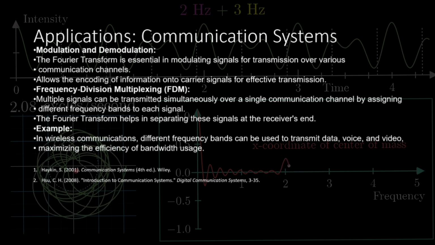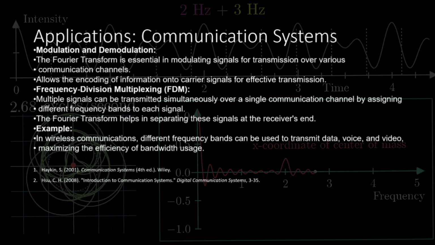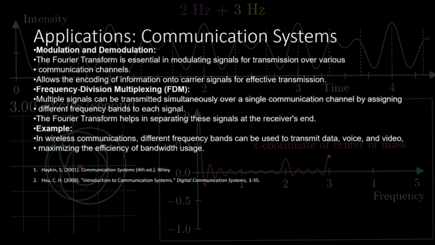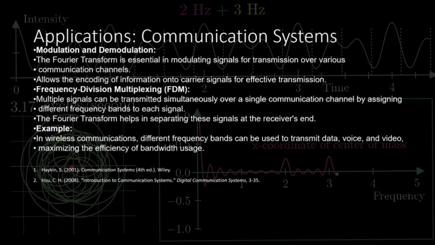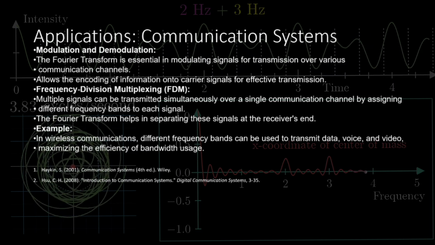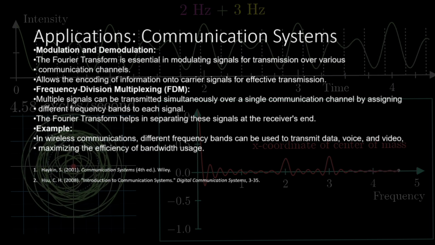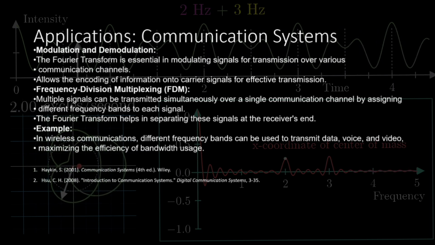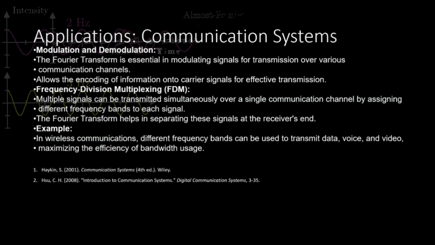This is made possible by the Fourier transform, which helps us to break down and isolate these signals at the receiver. For example, in wireless communication, different frequency bands can carry data, voice, or video simultaneously, optimizing bandwidth usage and improving the efficiency of the data transmission.